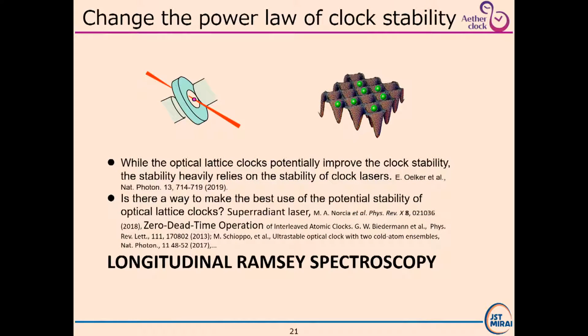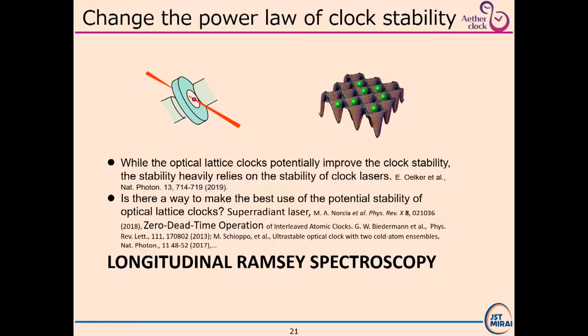So, my last topic is here. We want to change the power law of clock instability. Why do optical lattice clocks potentially improve the clock stability by observing many atoms?